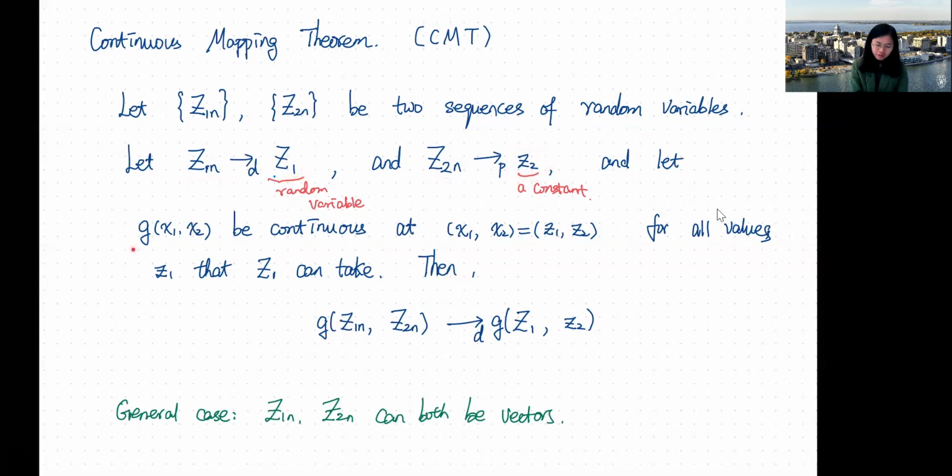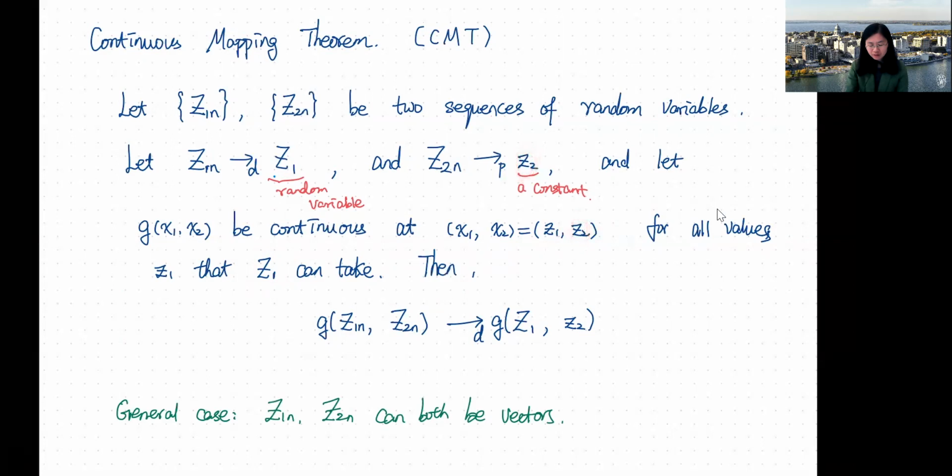And consider a function g that is continuous in both of its arguments at all the points (z1, z2), where z1 is any value that the Z1 random variable can take, and this z2 is this constant value.